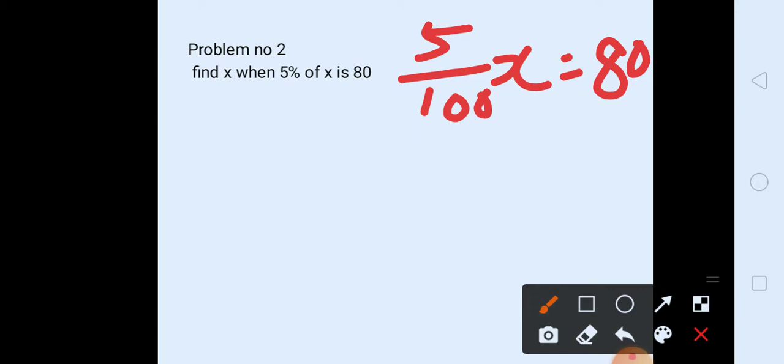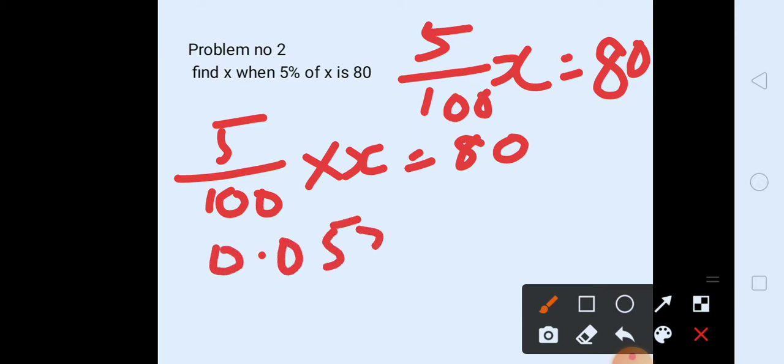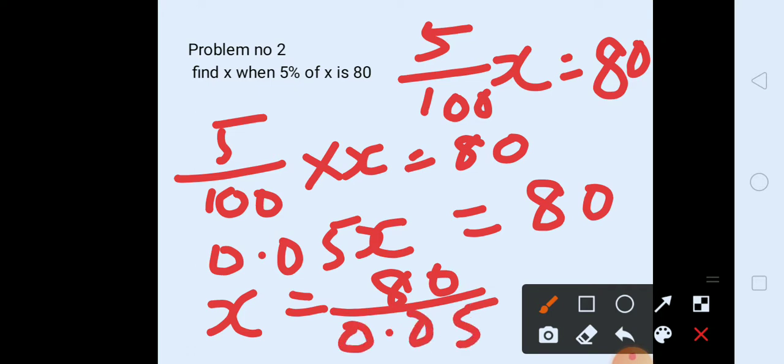So 5 divided by 100 is 0.05, 0.05x is equal to 80. So x is equal to 80 divided by 0.05, that is 1600. So x is equal to 1600, students.